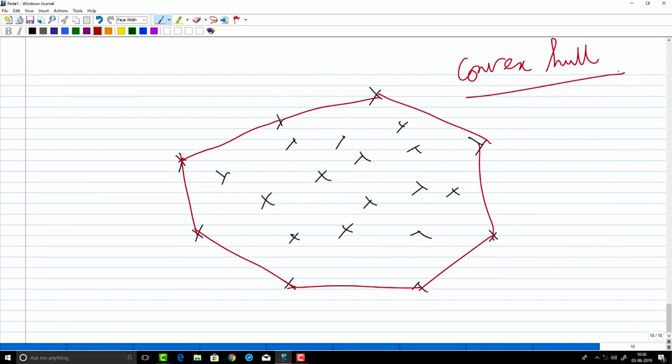Okay. So, given this set of points, if I can figure out the convex hull of the set of points, then obviously you understand that, say for example, these 2 points cannot be a competitor for the farthest pair. The competitors have to come from the convex hull only.